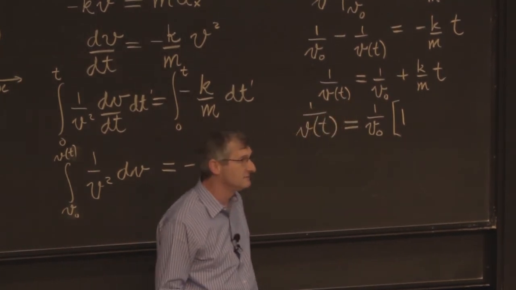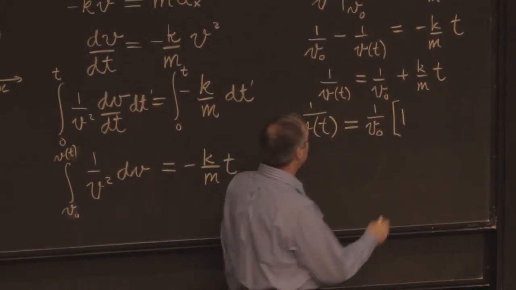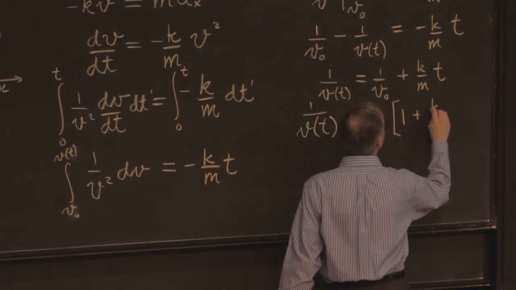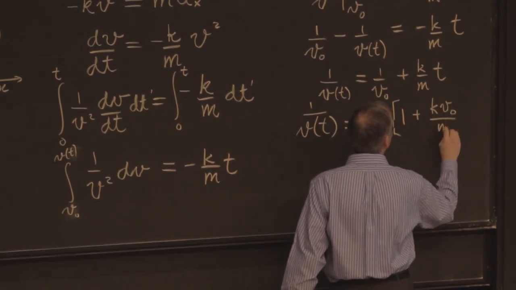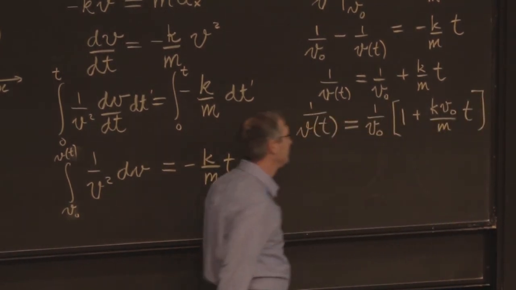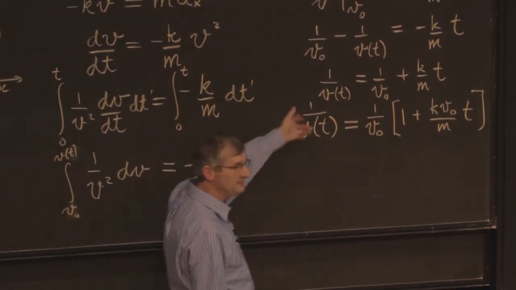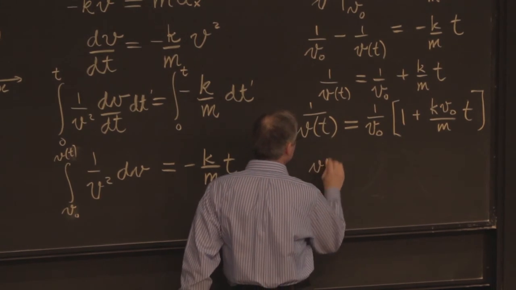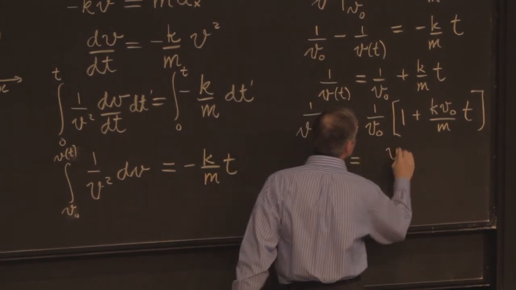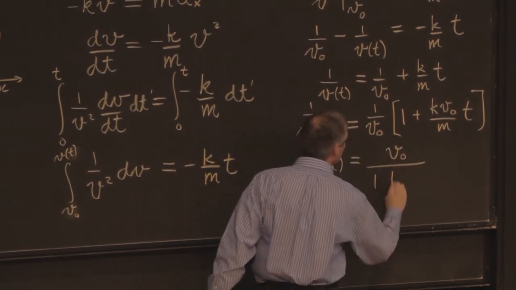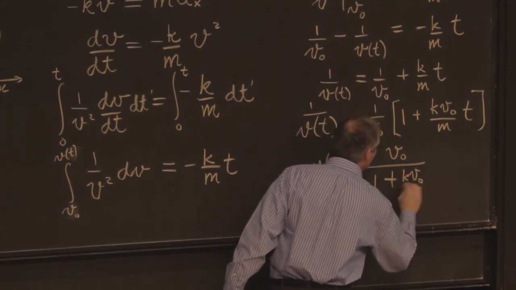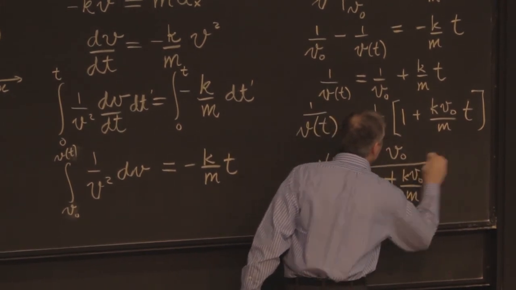And what's the second term? Plus k v naught over m times t. So now when I come to do the flipping, I get v of t is equal to v naught over 1 plus k v naught over m times t.